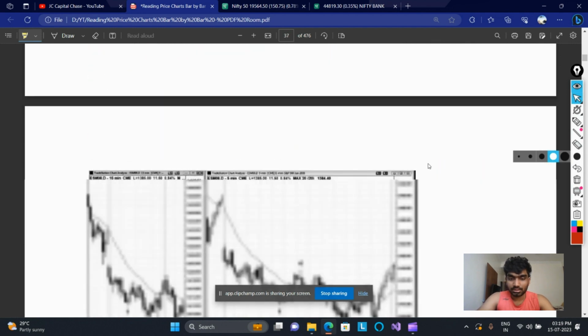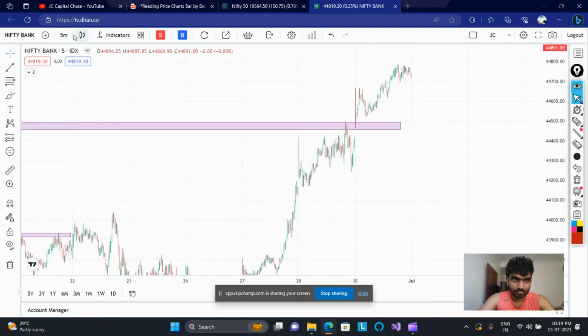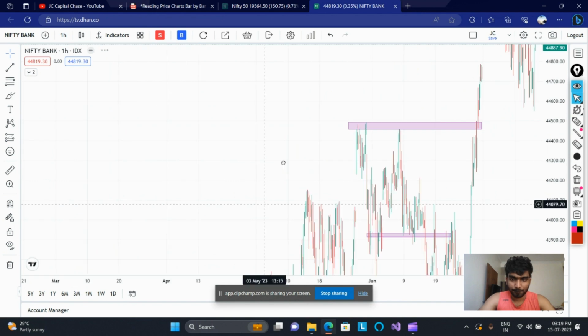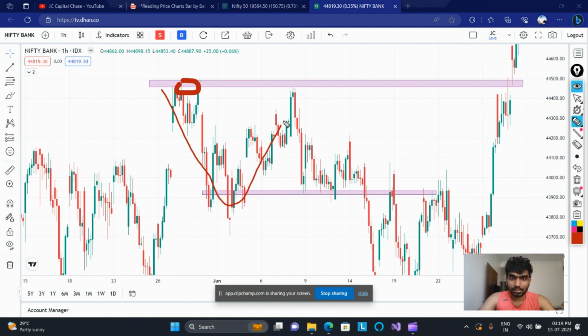So let's take a look at an example over here. Right now the market hit the resistance and it is trying to come down. Again the market went up, the level was respected and came down.